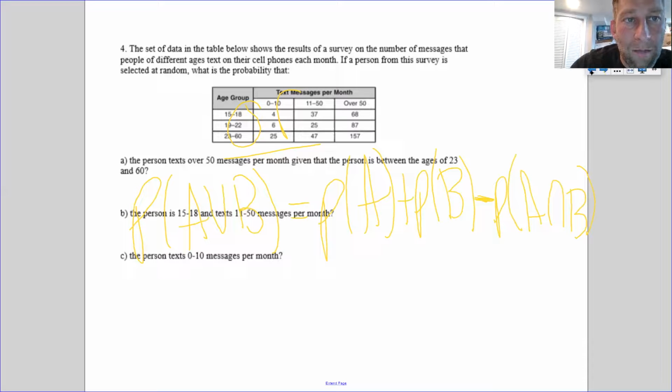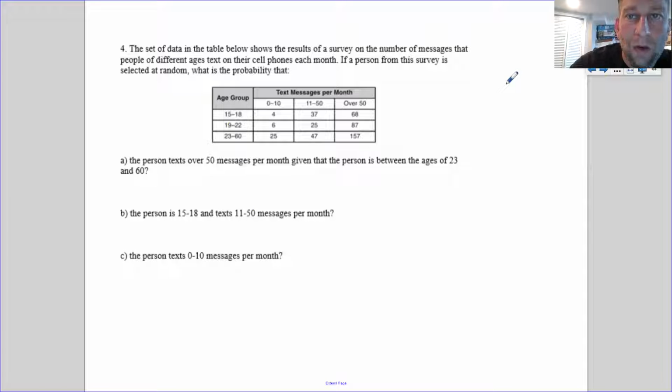To number 4. Whenever you have a two-way table, you need to do your totals.